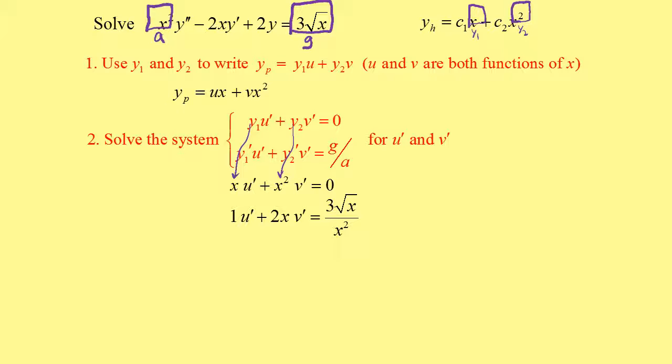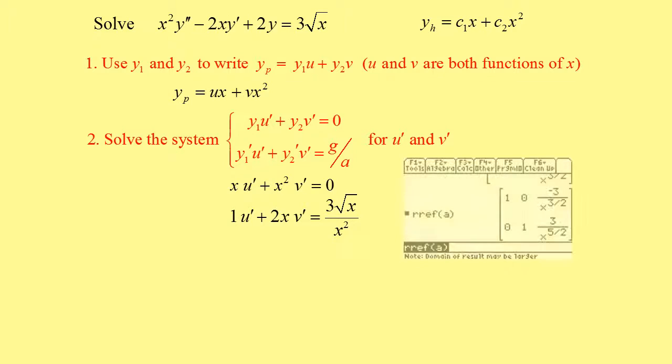Now, as your textbook author rightly points out, the main flaw or the main issue in using this technique comes in solving this particular system of equations. So we're trying to solve for the u prime and the v prime, and this could be done by hand. I'll just point out that it would probably be best done on a TI-89.